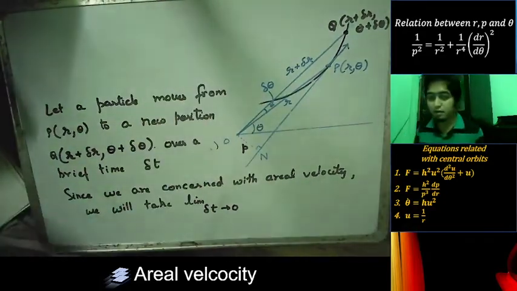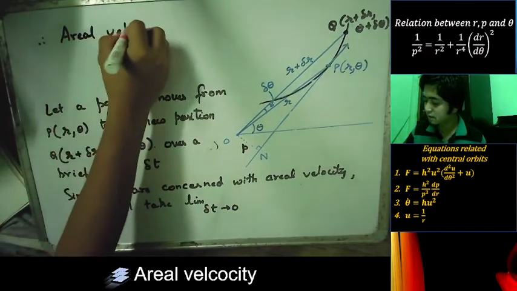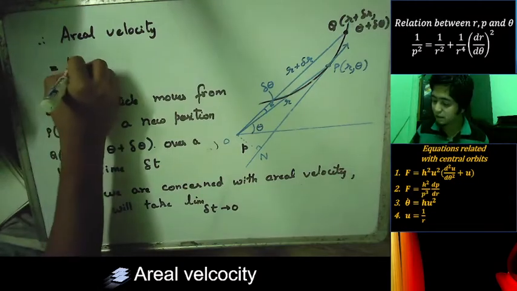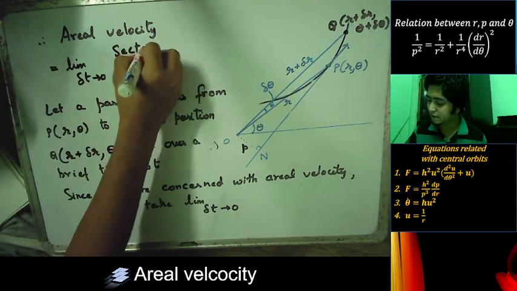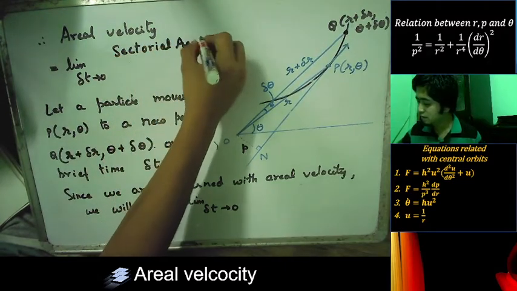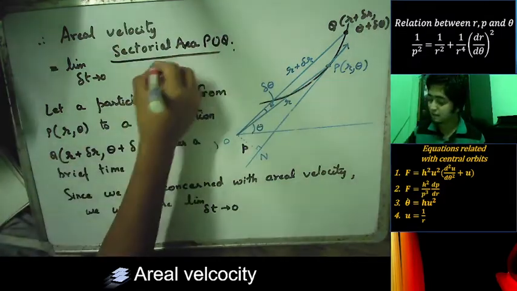Therefore, areal velocity will be equal to limit del t tends to 0 of the sectorial area POQ divided by del t.